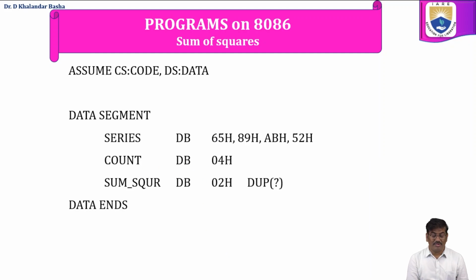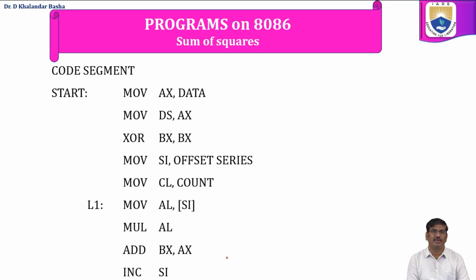After finding the sum of the squares, you write the sum of squares in a memory location which takes 16-bit data, so we can write DB 02H DUP, otherwise you can write DW 01H DUP. Either is valid. As it is only reserving, we use DUP, and for uninitialized we write a question mark. End the data segment with data ENDS.